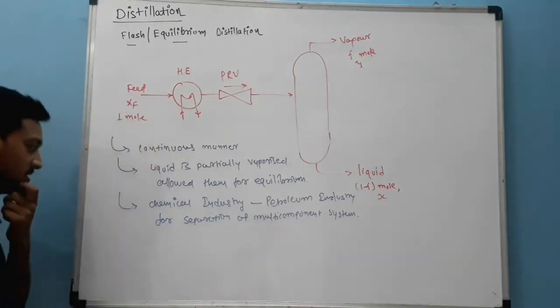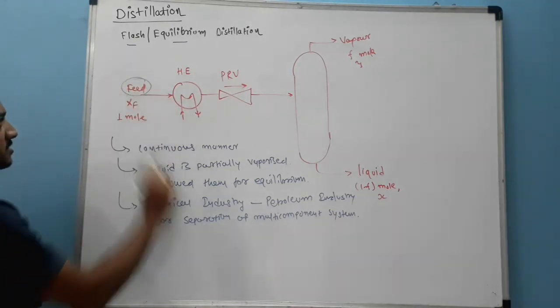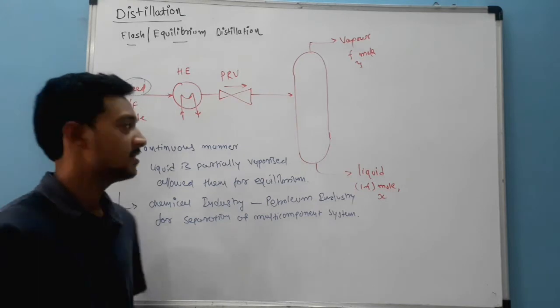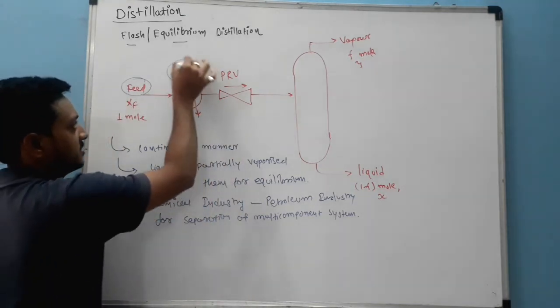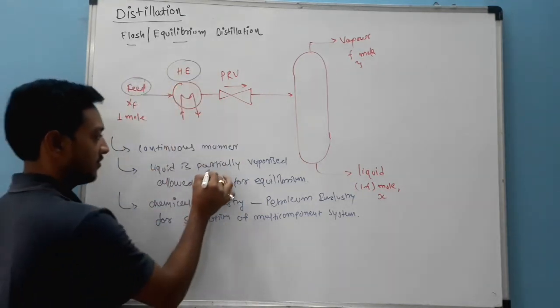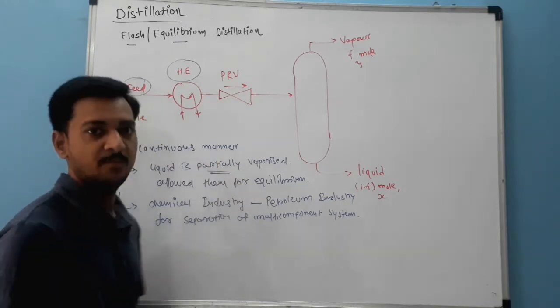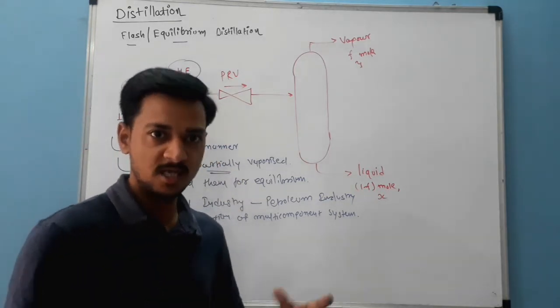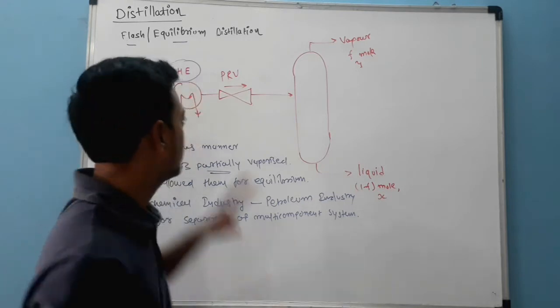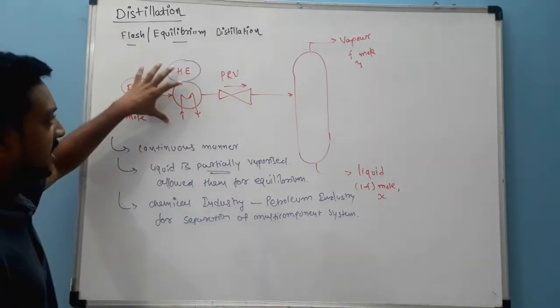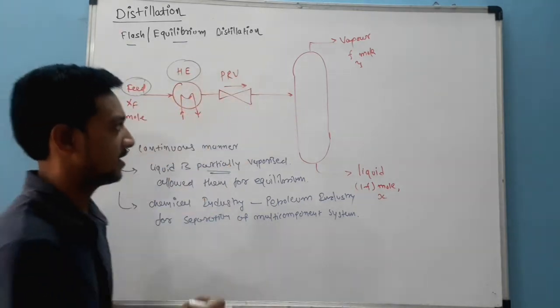In this, feed is heated in a heat exchanger, so it becomes partially vapor. So a vapor-liquid mixture is there, which is then sent through a separator.